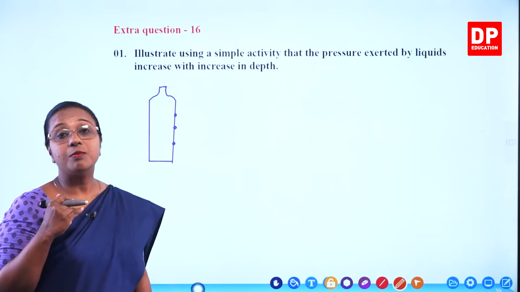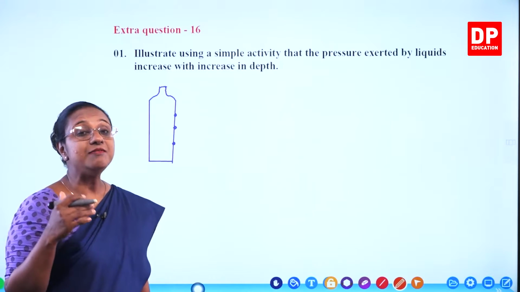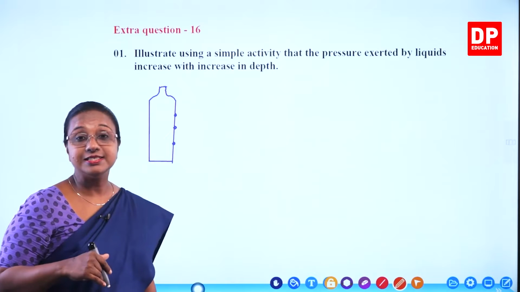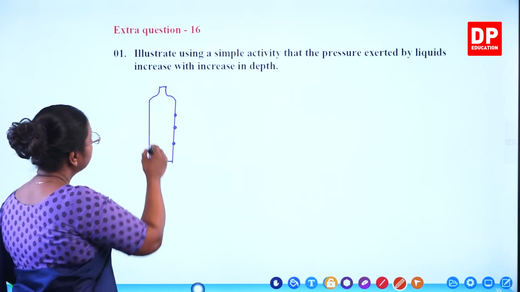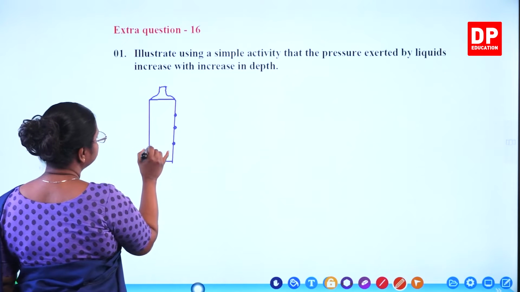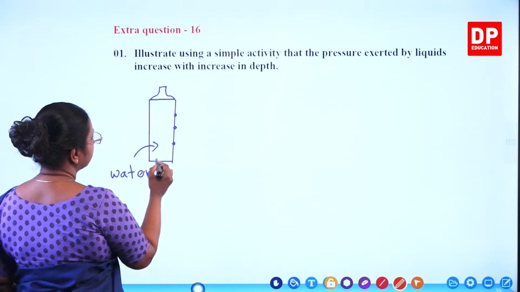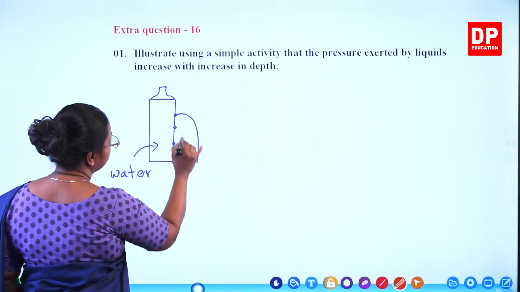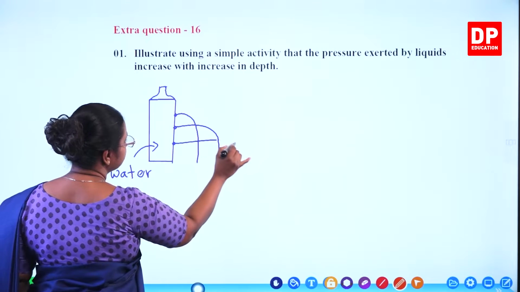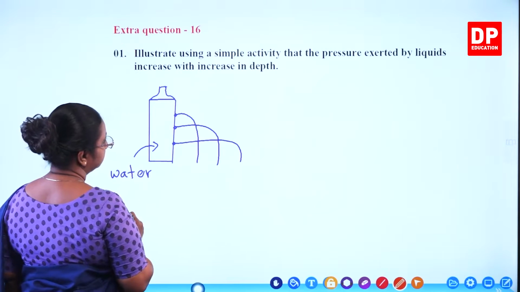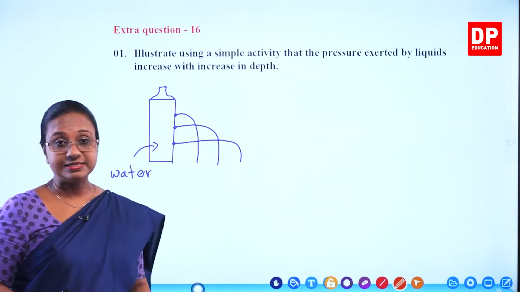We fill the bottle with water and observe how the water exits through the holes. So the water will exit in this manner. That is what you will see.